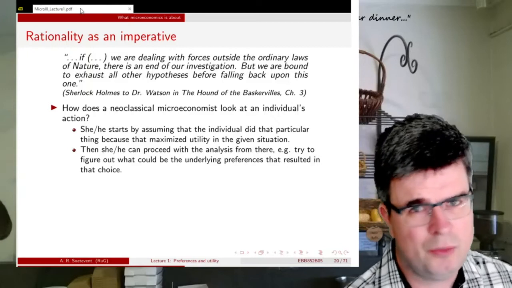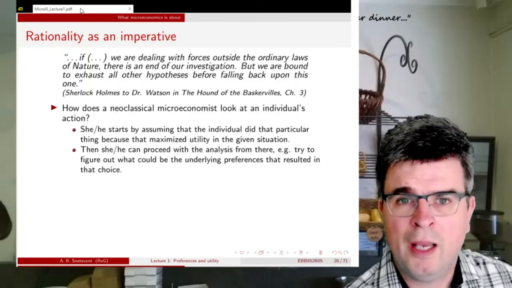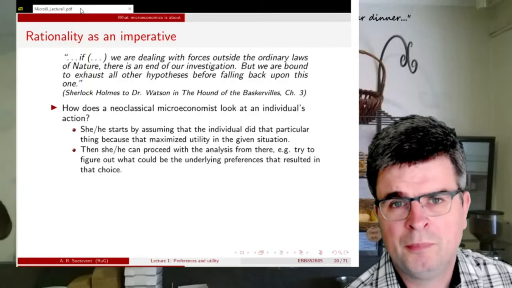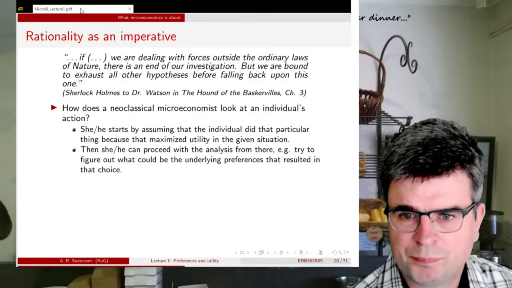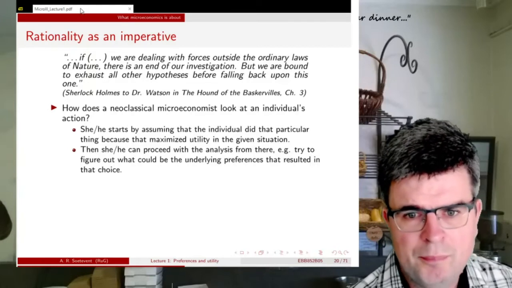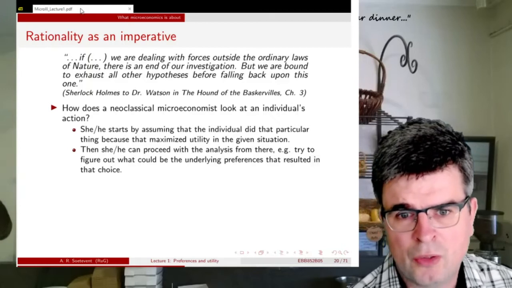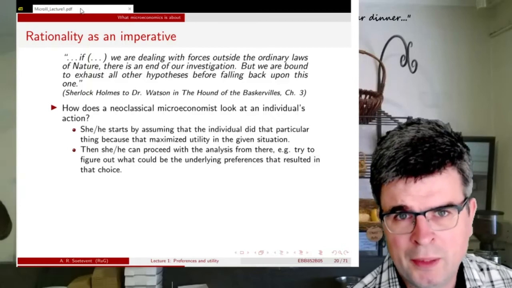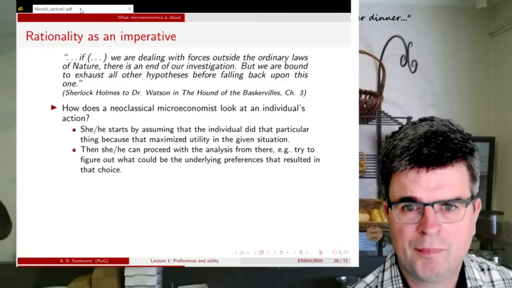It's not that individuals are always selfish. You can also incorporate altruistic motivations into the utility function. And then we take the analysis from there. We try to back out what the underlying preferences of that individual might have been that resulted in him or her acting in that particular way.